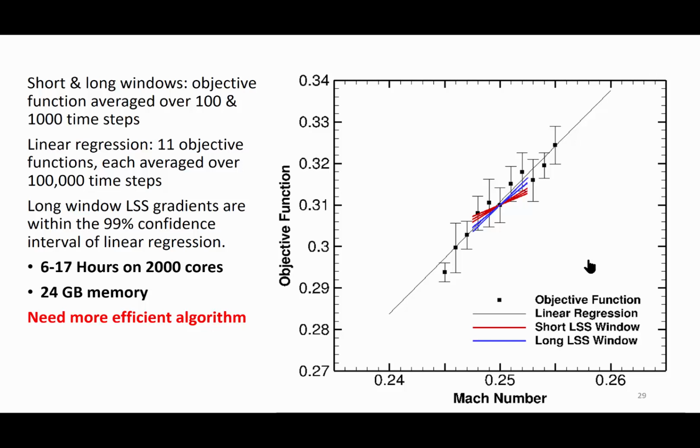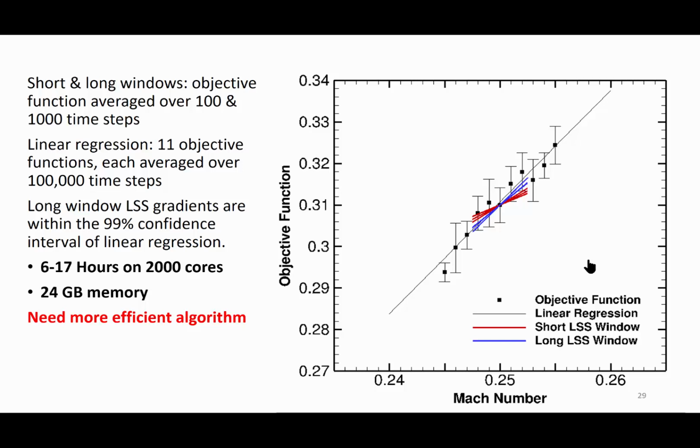But we figured out that with 2,000 time steps, that's the long LSS, and short is 200 steps. With the long least squares shadowing method, we get the right sensitivity. But the initial algorithm, which we developed together with NASA Langley, Boris Diskin, and Eric Nielsen, is very inefficient.